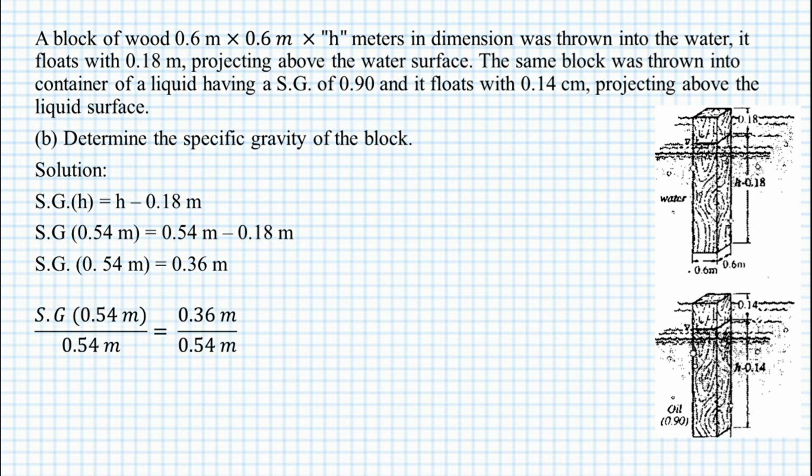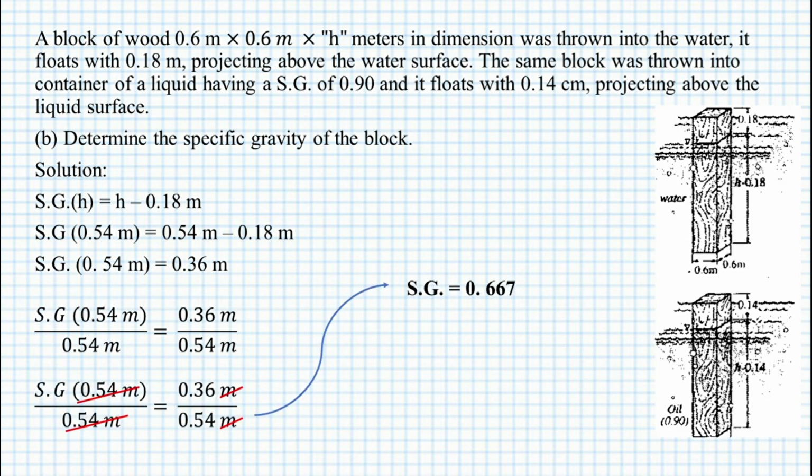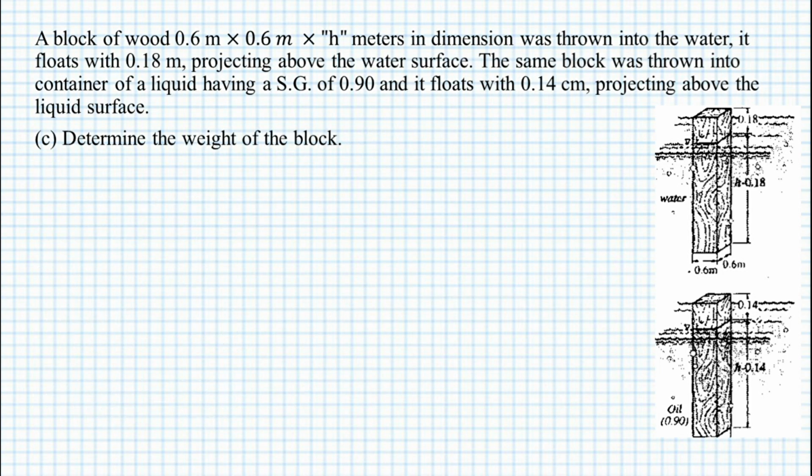Divide both sides by 0.54 meter, we have Sg equals 0.36 meter over 0.54 meter. Cancel out the same units, so the value of our specific gravity is 0.667.